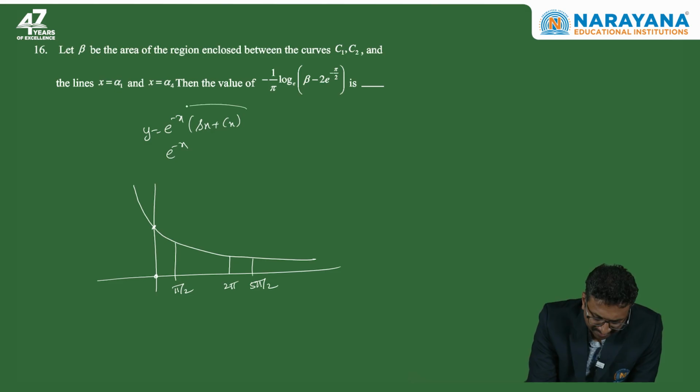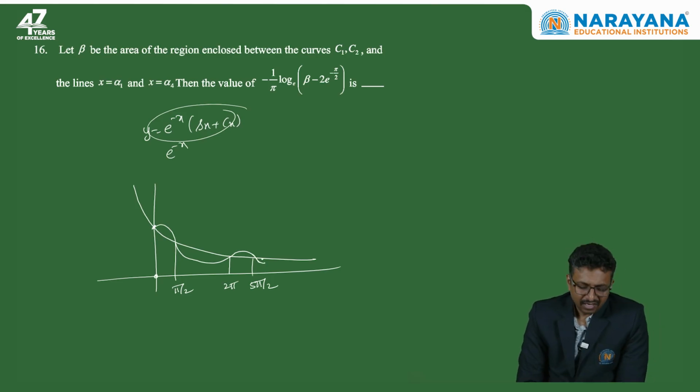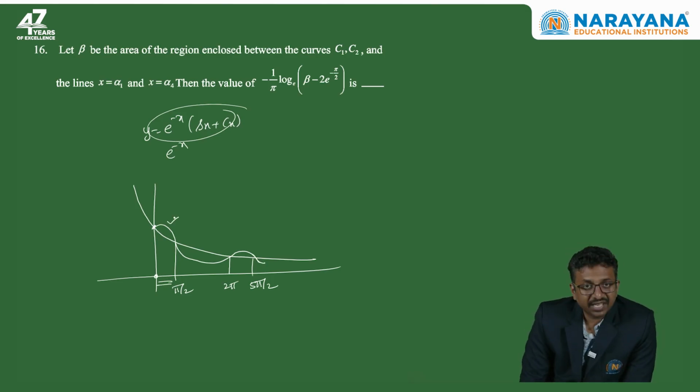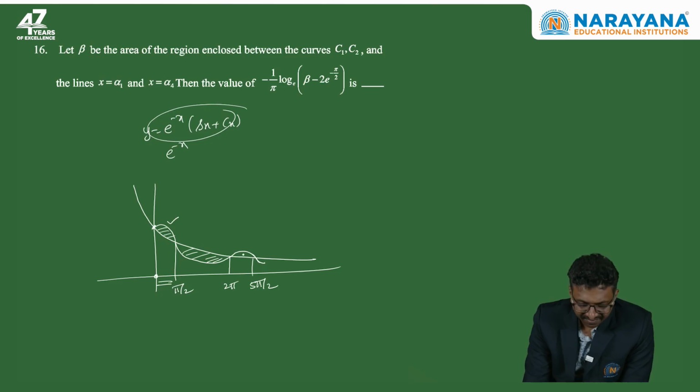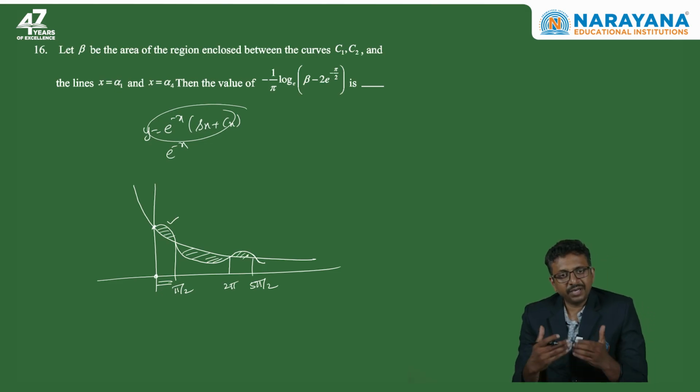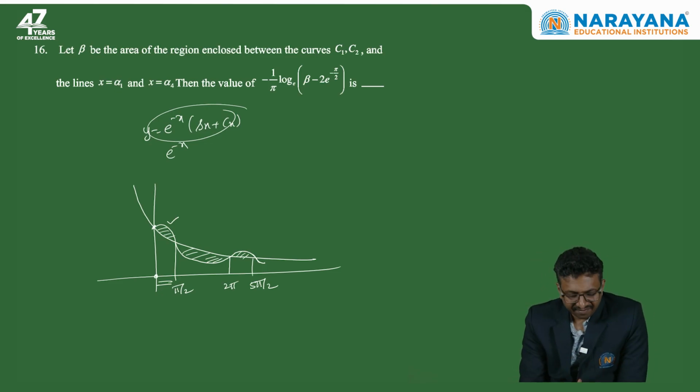So the graph e power minus x into sin x plus cos x will be something like this. So between 0 and pi by 2, this graph is higher. Between pi by 2 and 2 pi, the e power minus x graph is higher, and between 2 pi and 5 pi by 2, the first graph is higher.